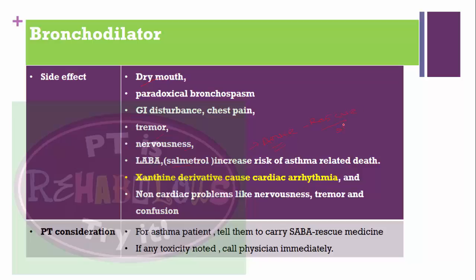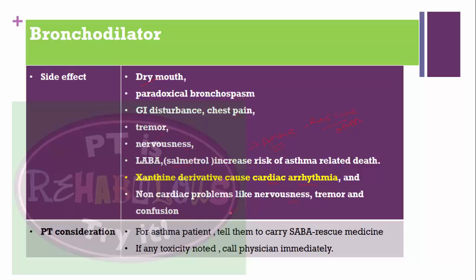That is SABA. Earlier we saw that we use albuterol. Salmeterol we cannot use as a rescue drug because it will work late and the patient may die. And xanthine derivatives cause cardiac arrhythmia and non-cardiac problems like nervousness, tremor and confusion.